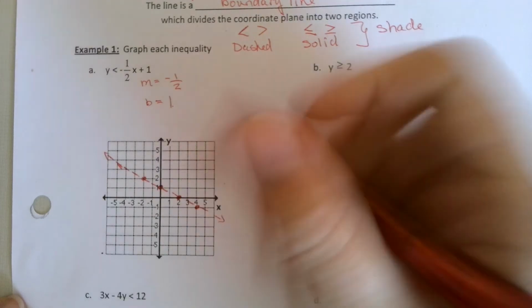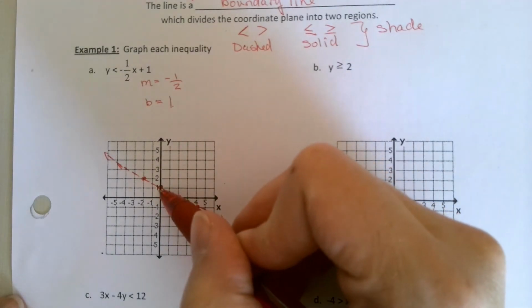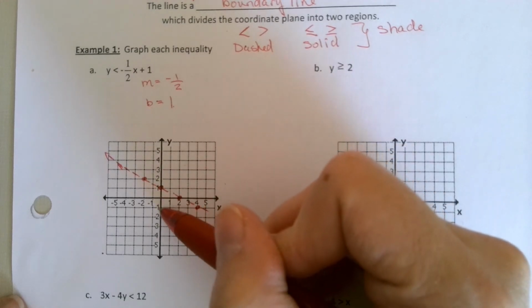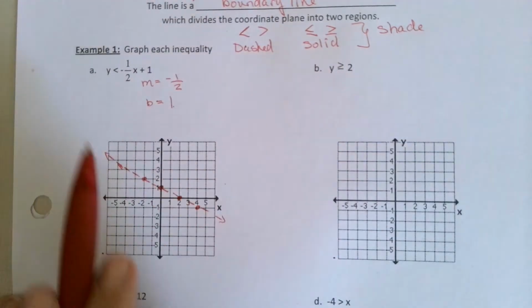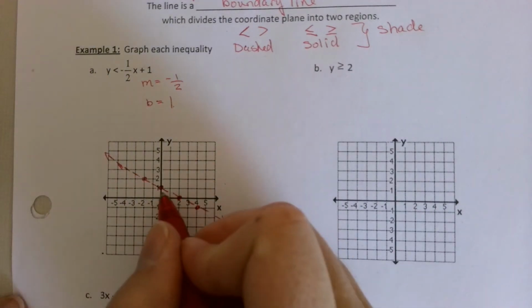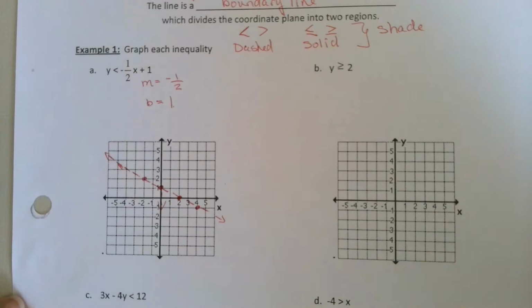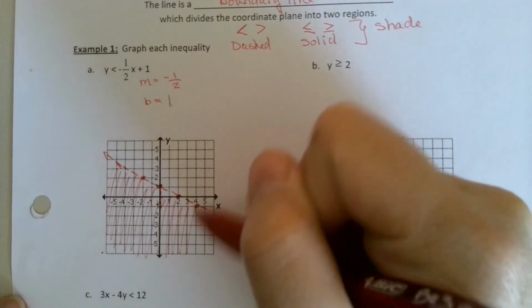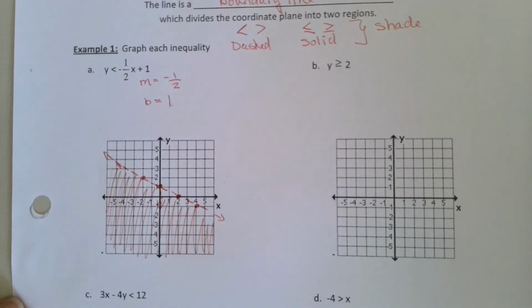Look at my y-axis. As I have my line cutting the y-axis in half, as I go up, the y is getting bigger. As I go down, the y is getting smaller. So if my problem says y is less than the line, y is getting smaller as I go down. So that's going to allow me to shade this half of the graph. So there's my shaded region.